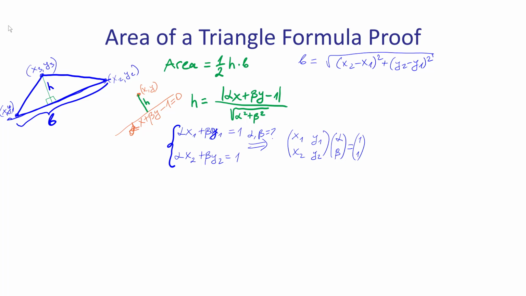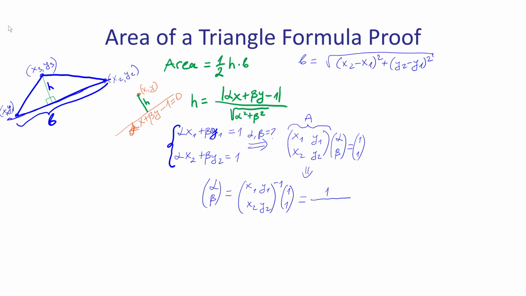So how do you solve that? To solve it, you need to find the alpha and beta vector, which is, let's call it matrix A, that matrix A inverse multiplied by 1, 1. Now what is that inverse? You should know the formula already for the inverse of order 2 by 2.